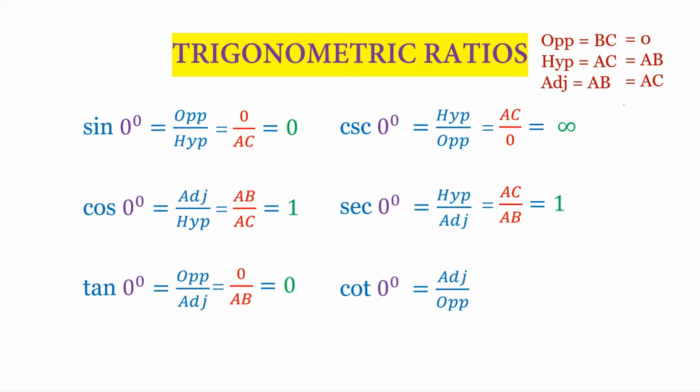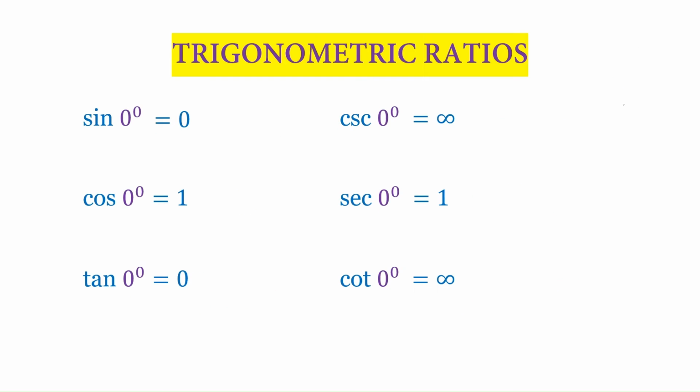Cot 0 is adjacent by opposite. Opposite is 0, and anything divided by 0 is not defined. So the value of cot 0 is not defined. Now we have got values for all six ratios when the angle is 0 degrees.